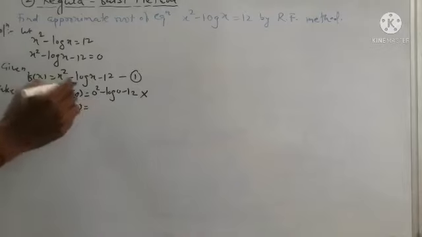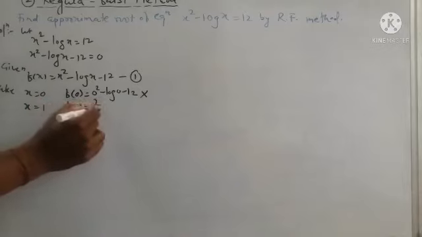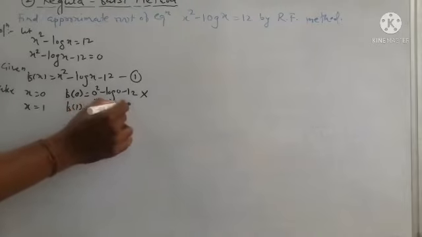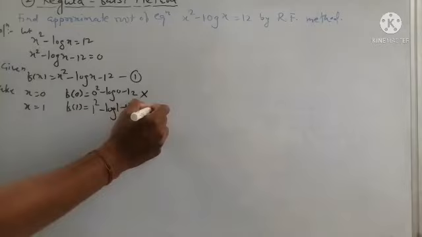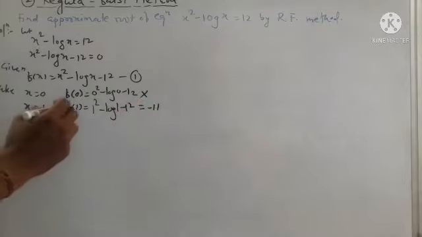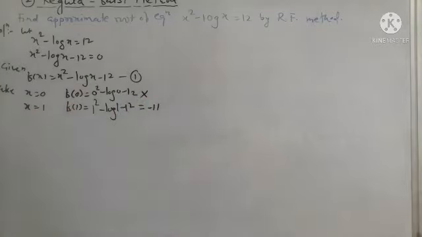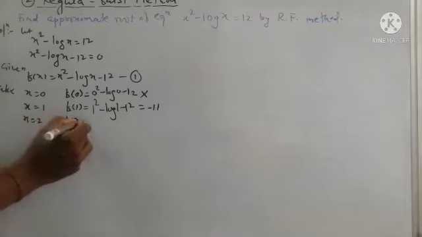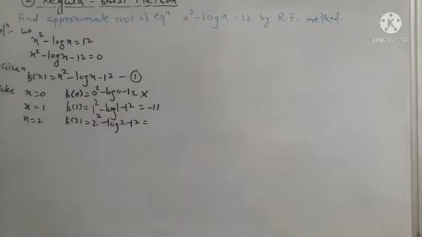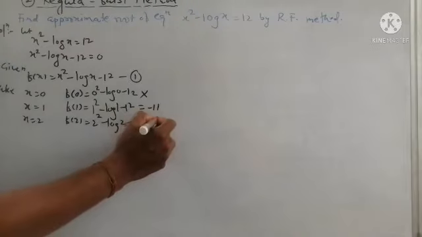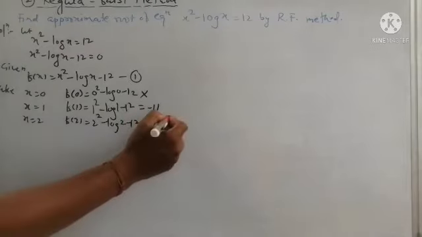By putting x as 1, we get 1 square minus log of 1 minus 12. By simplifying, we get the value as minus 11 by using calculator. So function at 1 is minus 11, so x is equal to 1 is not a root. So we take the next integer value 2, so f of 2 will be 2 square minus log of 2 minus 12. By using calculator, we get the value as minus 8.69.